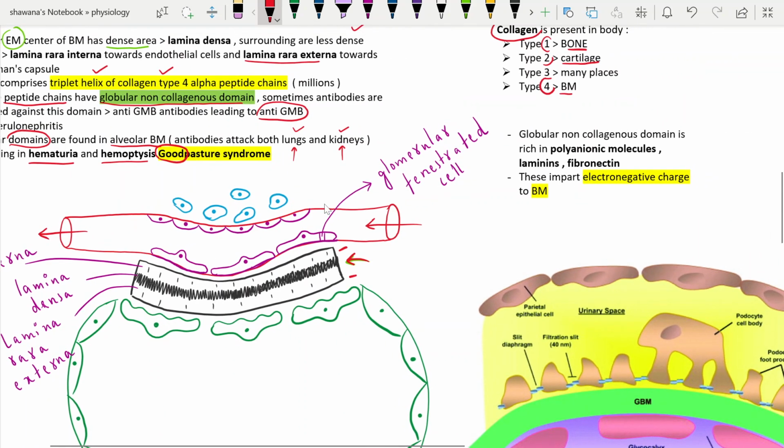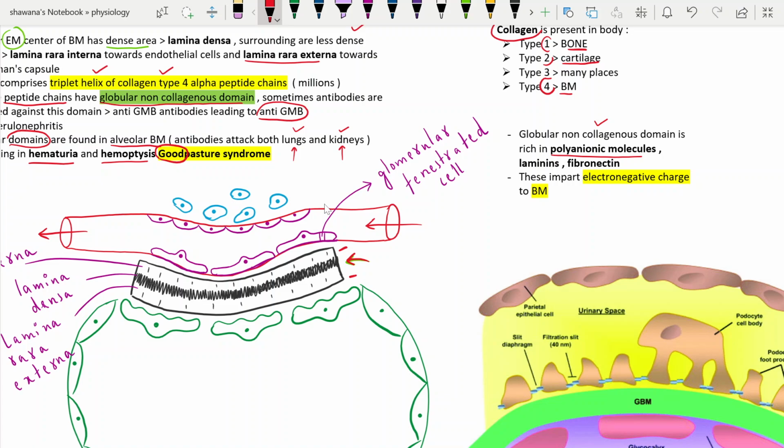Okay, also one thing worth mentioning here is that this domain, the globular non-collagenous domain, is rich in polyanionic molecules. Why do we need anionic molecules? Because the glomerular basement membrane has a negative charge. And why is negative charge important? Because we need to repel the negatively charged proteins in our blood, for example albumins, globulins, and fibrinogen.